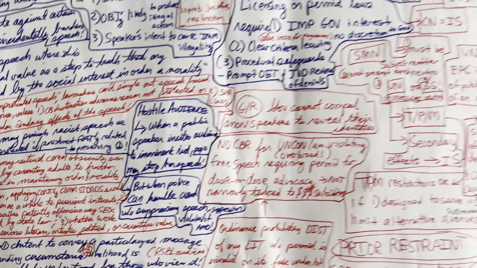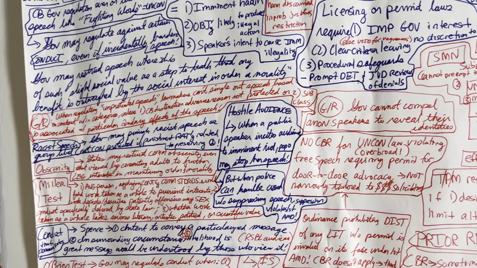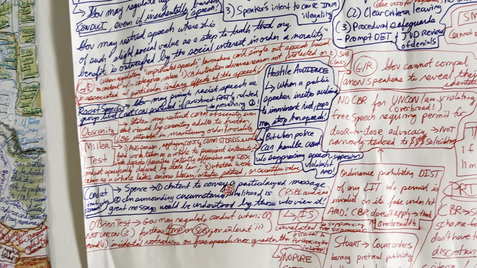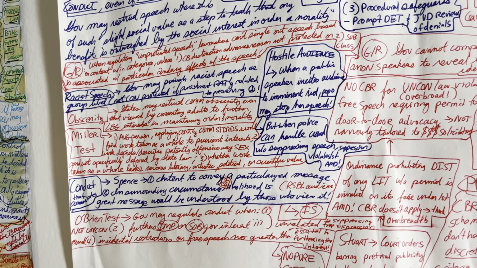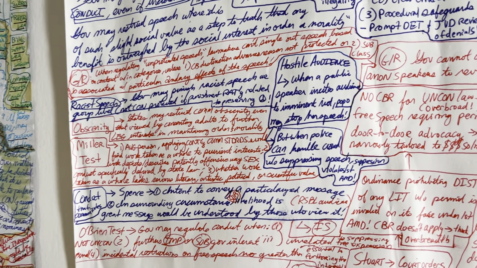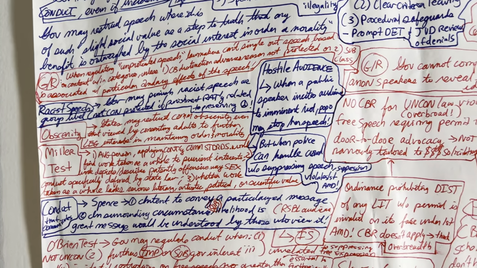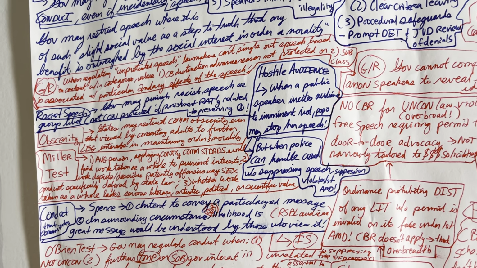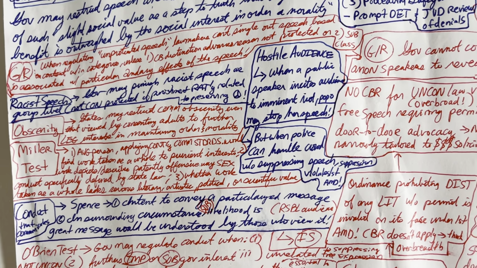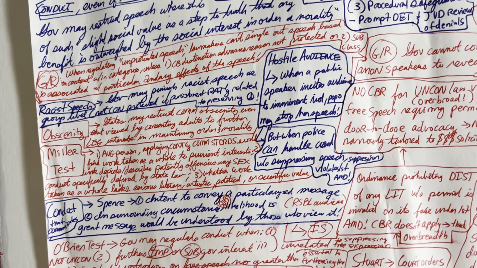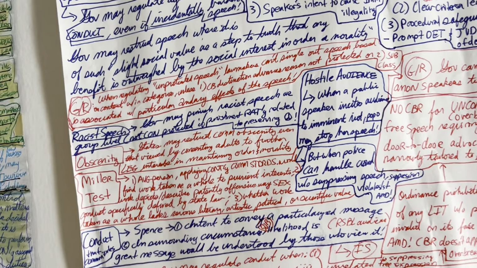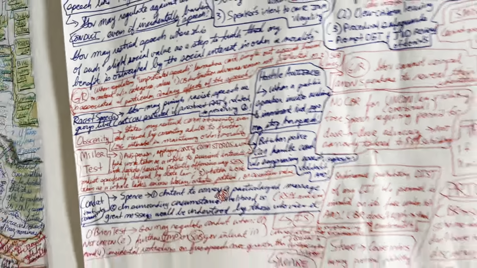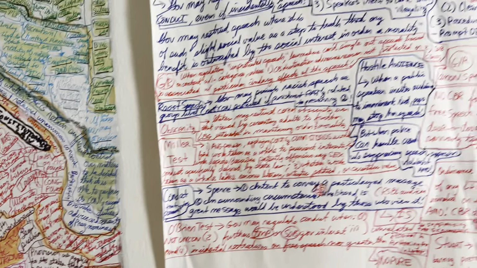The general rule here is that the government cannot compel anonymous speakers to reveal their identities. There is no content-based restriction, but a law violating free speech, requiring a permit for door-to-door advocacy, is not narrowly tailored to money solicitations. So that's overbroad. So we look at the breadth of the law, whether it's underbroad or overbroad. Overbreadth and underbreadth are part of our analysis.